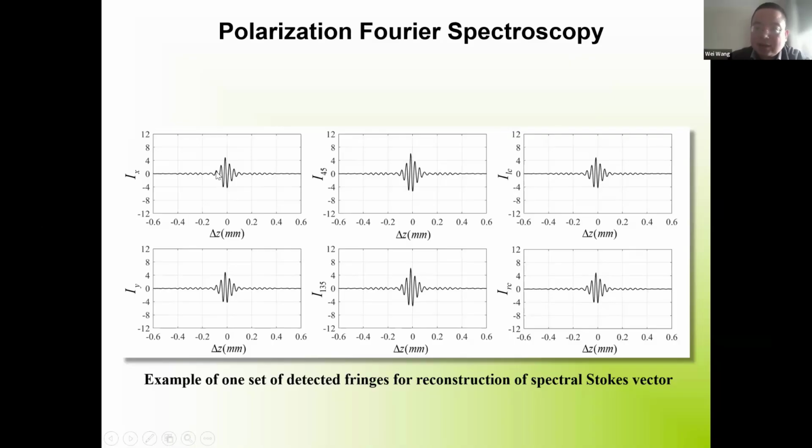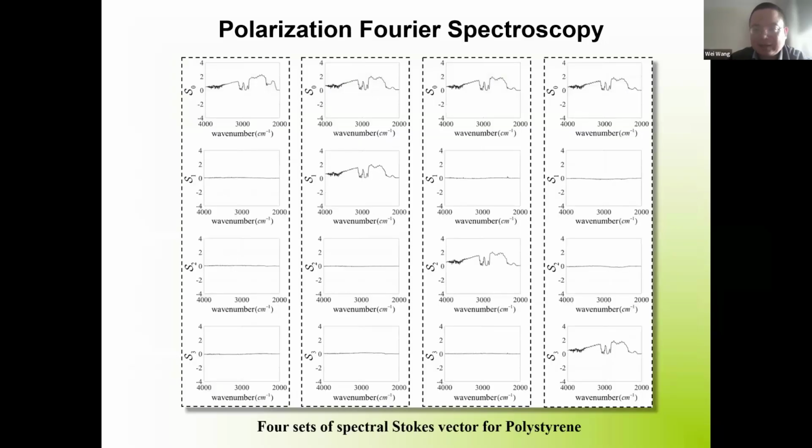Through the definitions of the Stokes parameters, we are able to transform this intensity distribution to the Stokes distributions. Then after applying the Fourier transform, we are able to reconstruct the spectral Stokes vectors for this polystyrene.